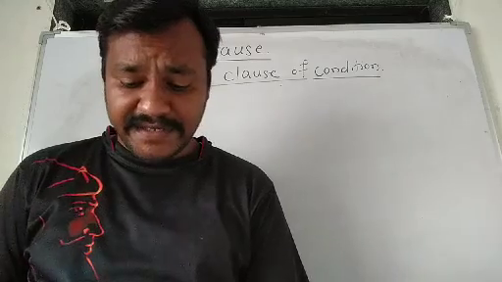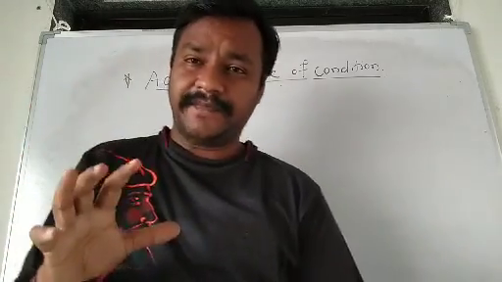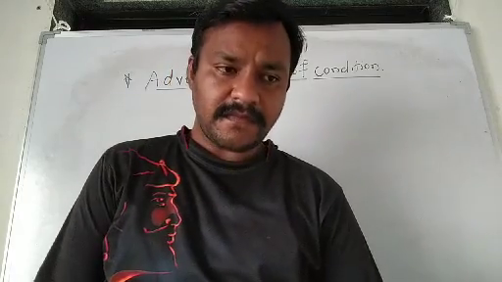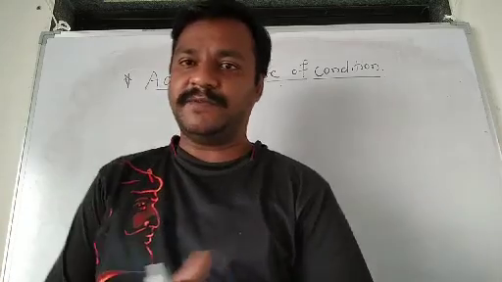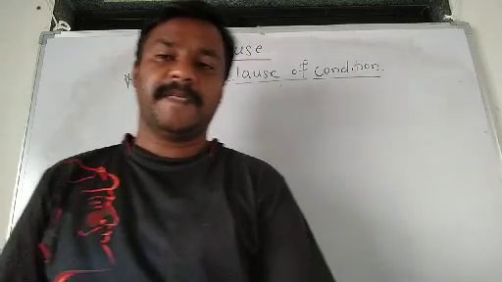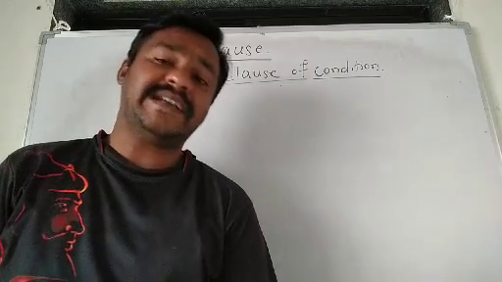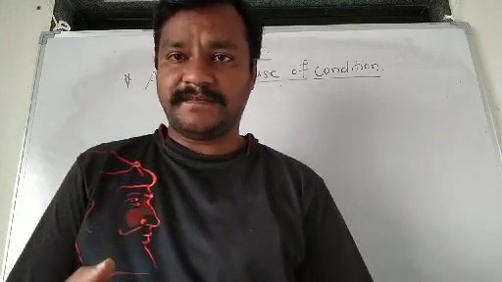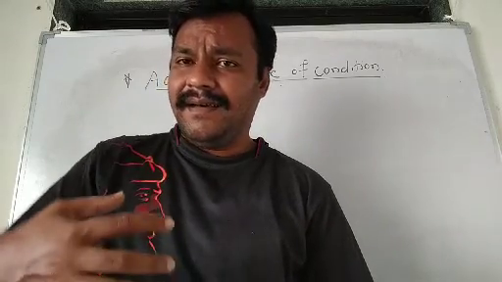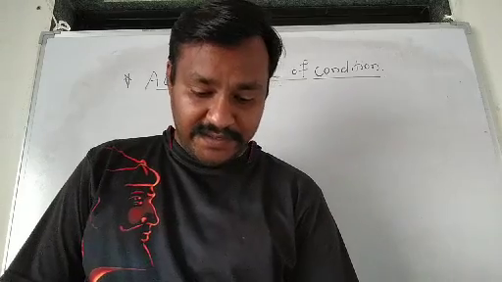The action mentioned in the main clause means what? Let me explain it. We know very well there are two types of clause, main clause and subordinate clause. So whatever action is mentioned in the main clause, for that kind of condition subordinate clause is used.